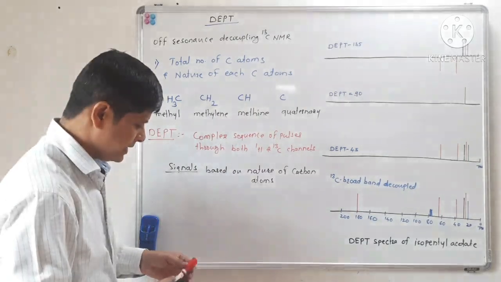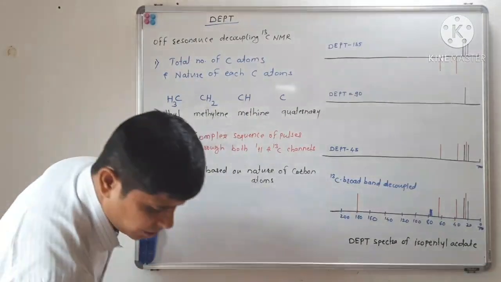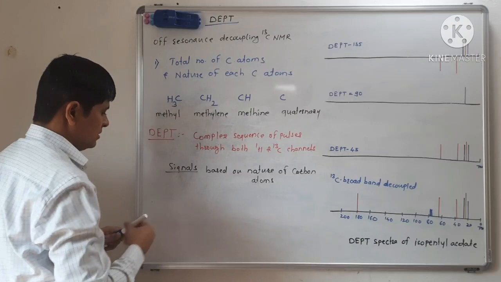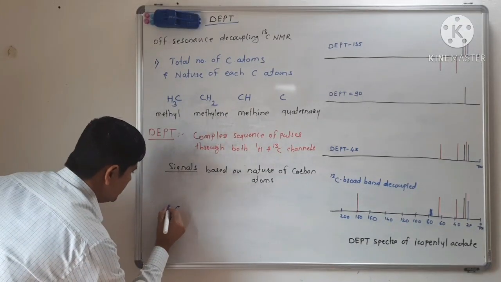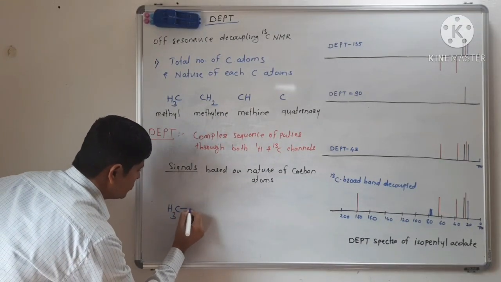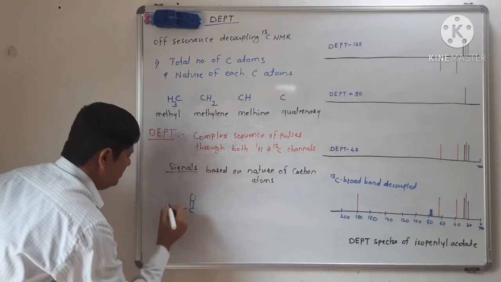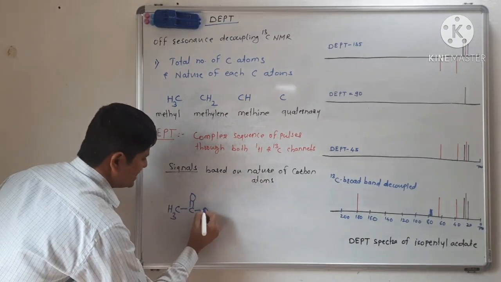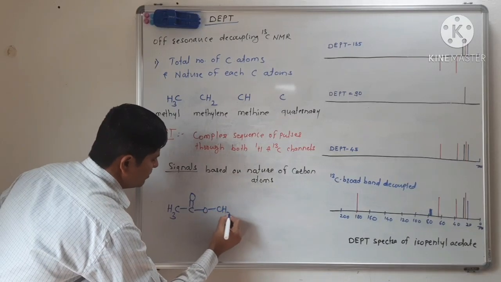Now let us see one example of a DEPT experiment. Here we will see the carbon 13 DEPT NMR of isopentyl acetate.